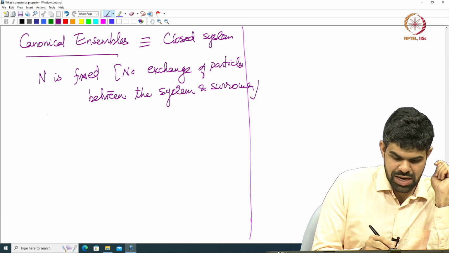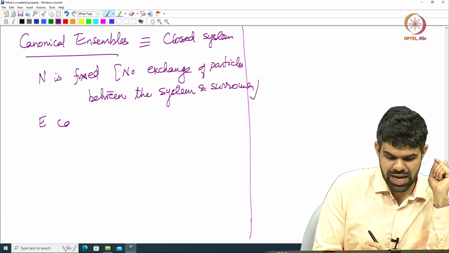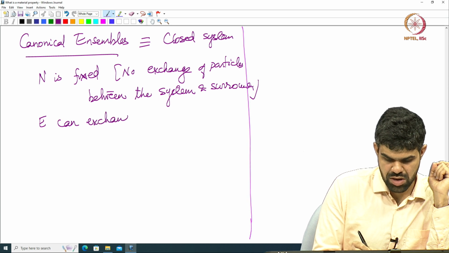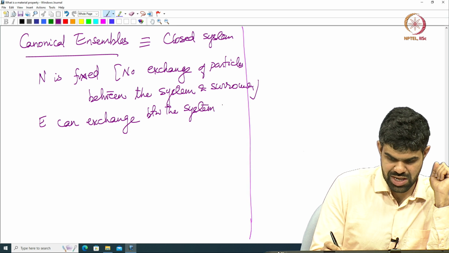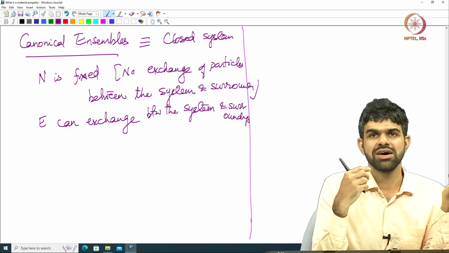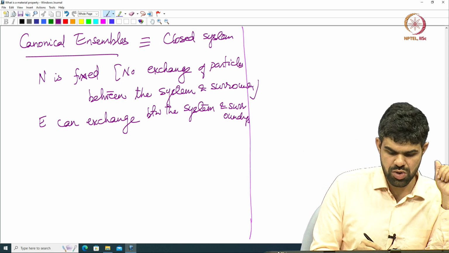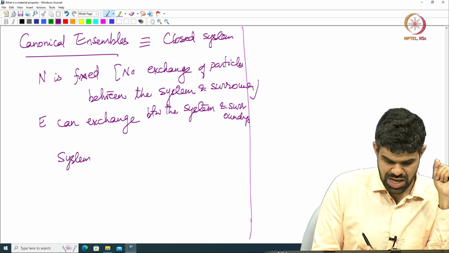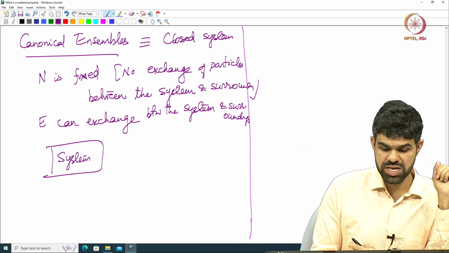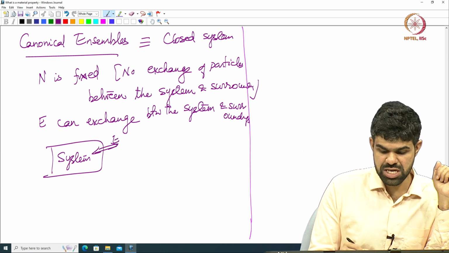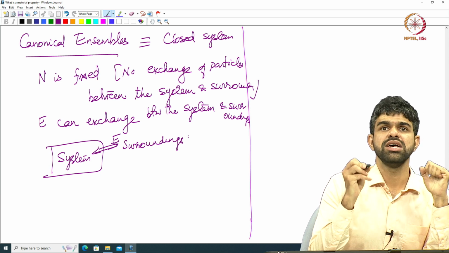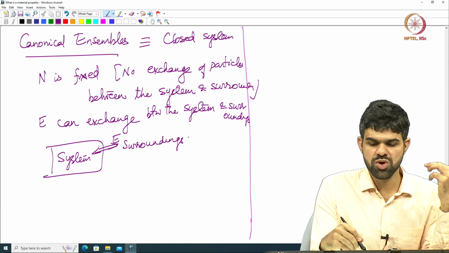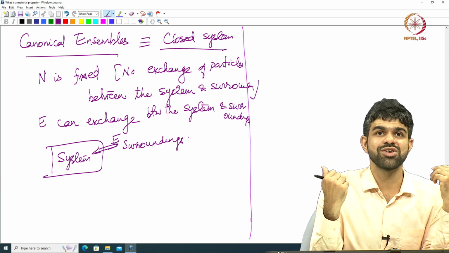But E can be exchanged between the system and surroundings. There can be work done, heat exchange between the system and surroundings. So, first of all, there is a system here, which is a closed system, which can only exchange energy with the surroundings. Okay. So, in thermodynamics you call it a closed system, in StatMech you are just calling it a canonical ensemble.